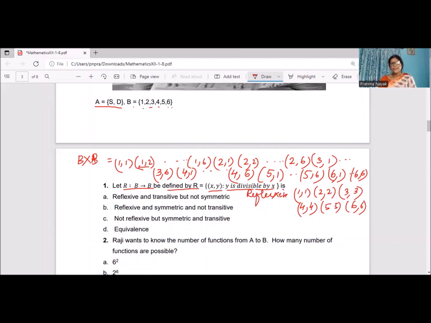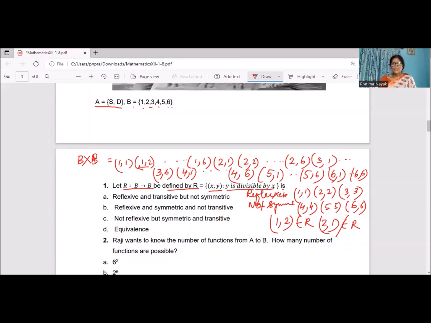For symmetry, you know that if (A, B) is there, (B, A) must be there. Here (1, 2) satisfies the relation because 2 is divisible by 1. But if I write (2, 1), it does not belong to R because 1 is not divisible by 2. So this is not symmetric. So it is reflexive but not symmetric.